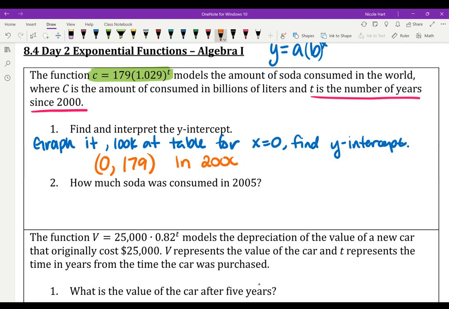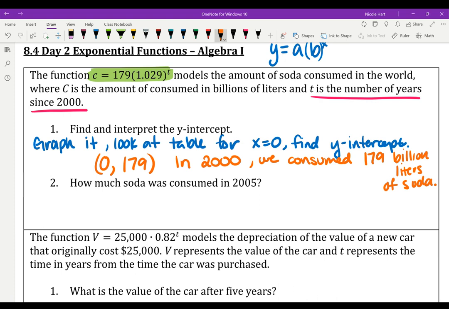So in the year 2000, we consumed 179 billion liters of soda. That is what our y-intercept is representing. It's like the starting place for soda, how much soda we have.